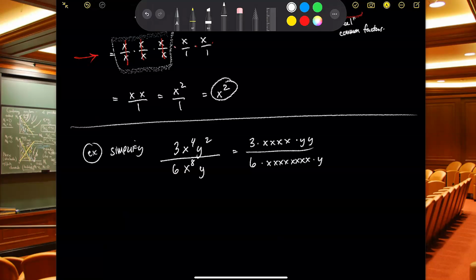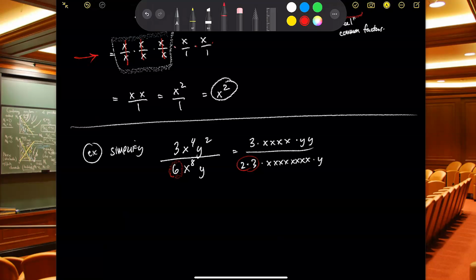And then what do we get to do? Well, we're going to get to cancel some common factors, that's for sure. You might also notice that 6 can be broken into factors of 2 times 3. If you notice there's a common factor, go ahead and do that because we're trying to reduce this thing as much as possible. So this 6 became this 2 times 3.